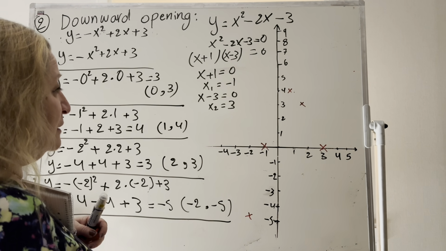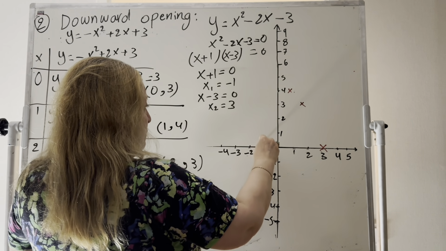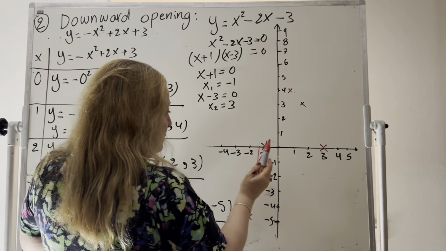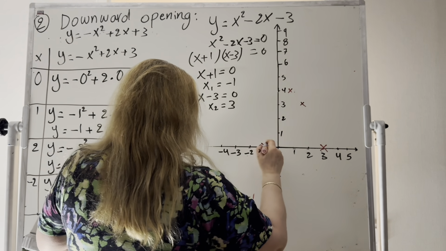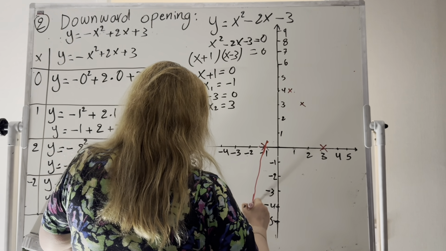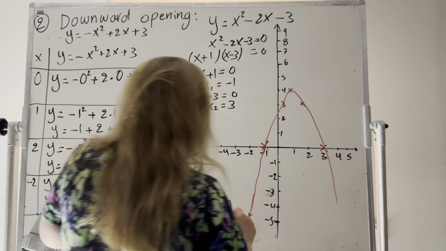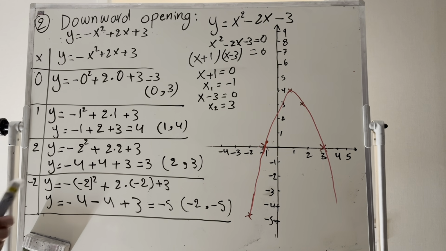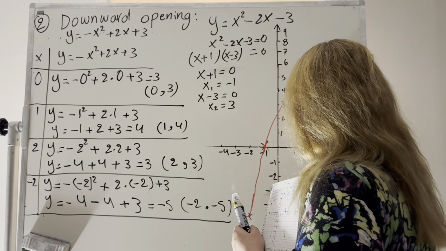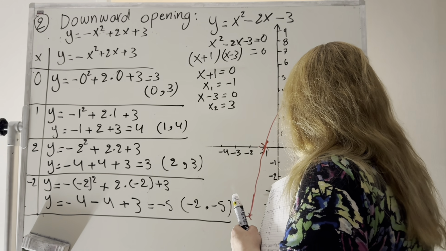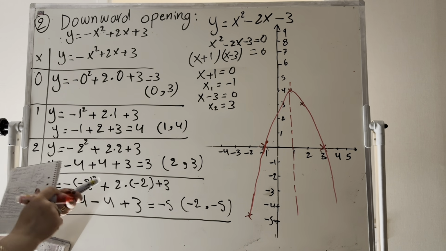And when I draw the parabola, the curve, it looks like this, and I can see the symmetry line when x equals 1.